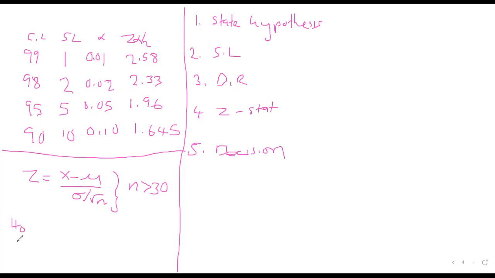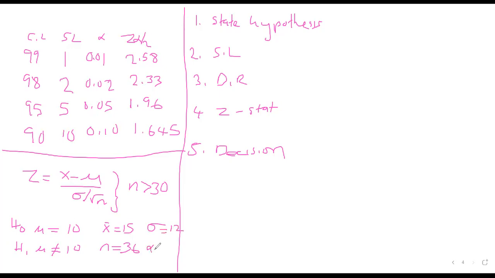We can start with a basic one here. We are given a null hypothesis and an alternative hypothesis. Mu is equal to 10; mu here is not equal to 10. Our x bar is 15, our n is 36, and our standard deviation is 4.